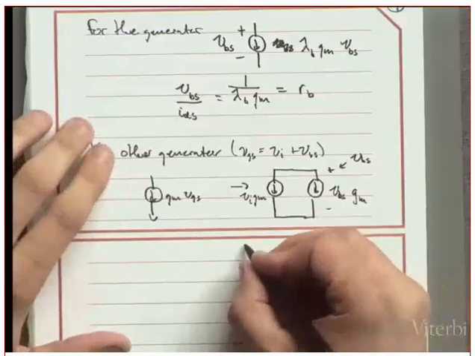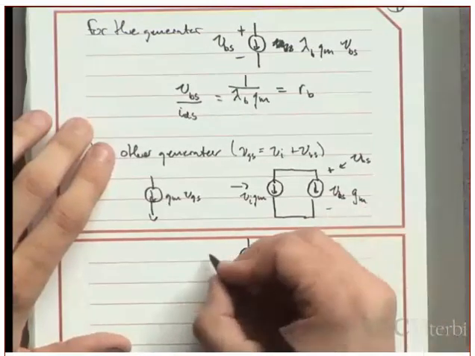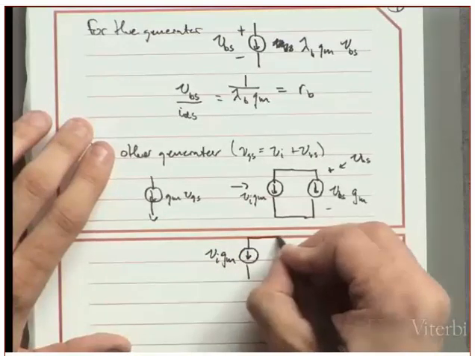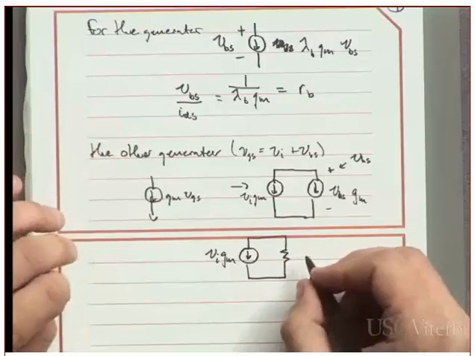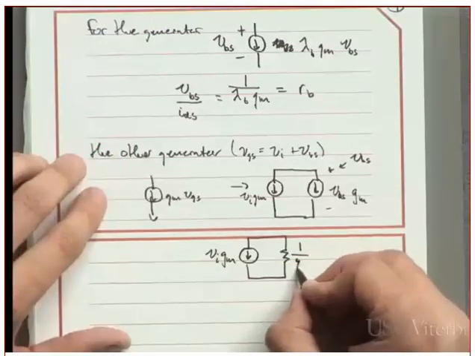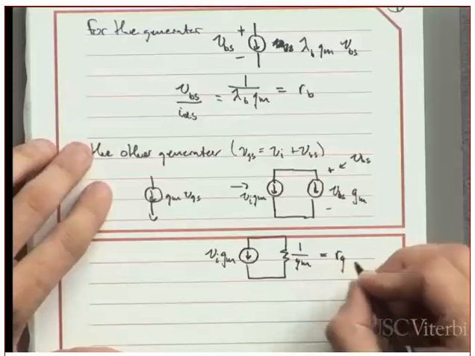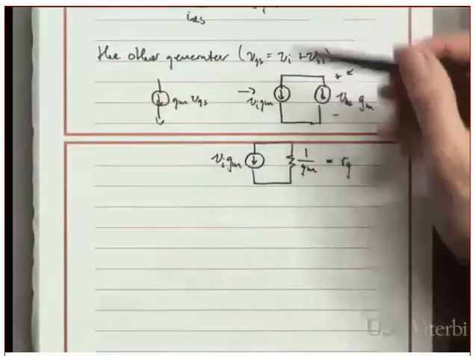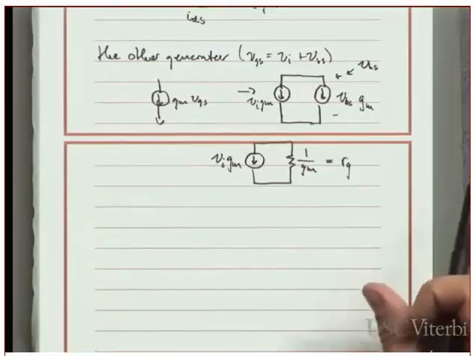And the final simplification that you end up with, and the whole reason why I'm showing you this, is you have VI, GM, this resistor, which I'm going to call 1 over GM, or I'll just call it RG. So now I'm going to put these two simplifications in and show you how this turned into that model that you usually see.